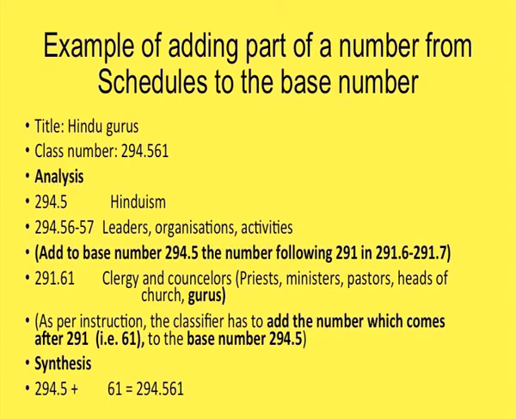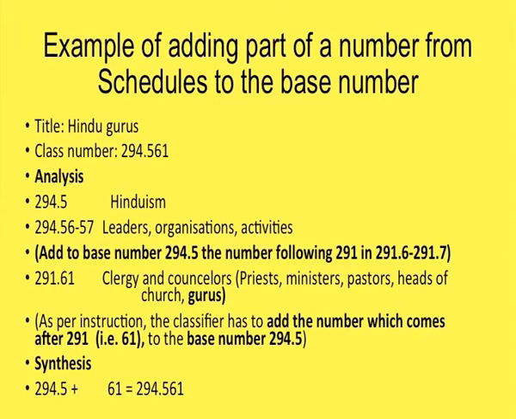We take another example of adding part of a number from the schedule to the base number. The title is Hindu Gurus. There is a document dealing with Hindu Gurus. The class number for this will be assigned 294.561. But how?